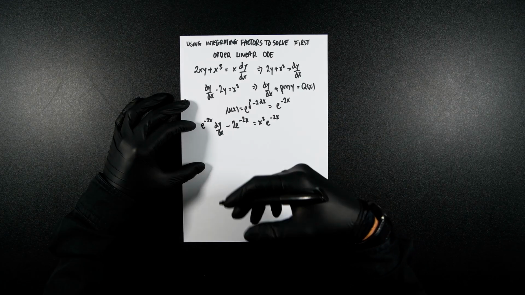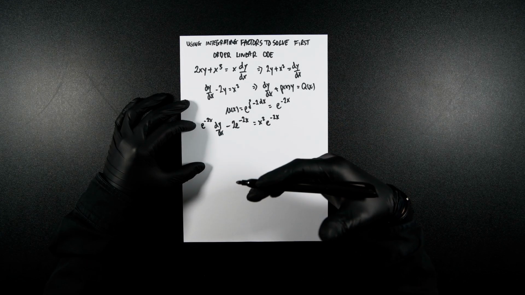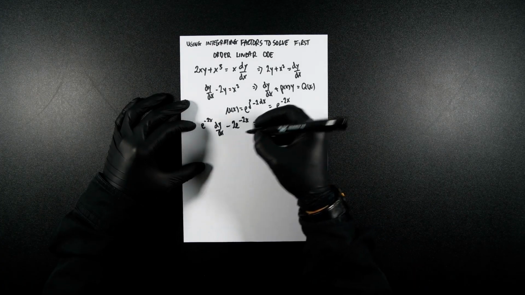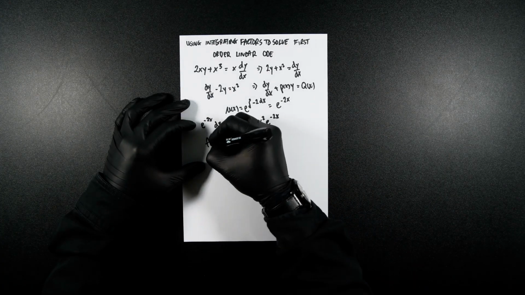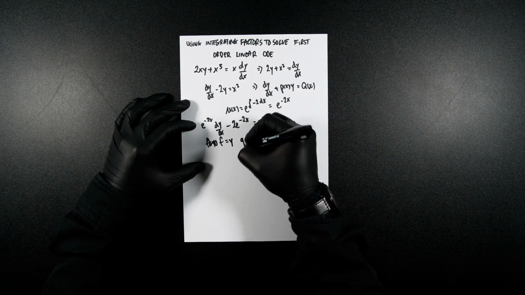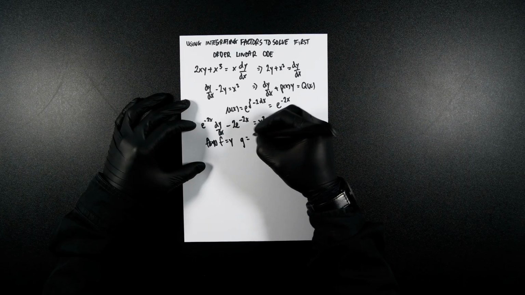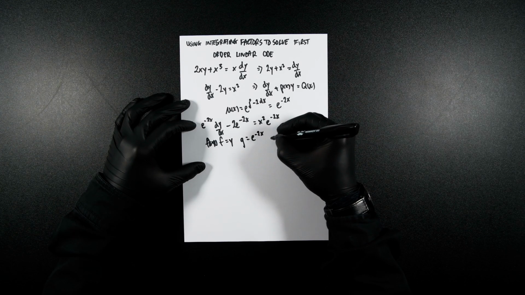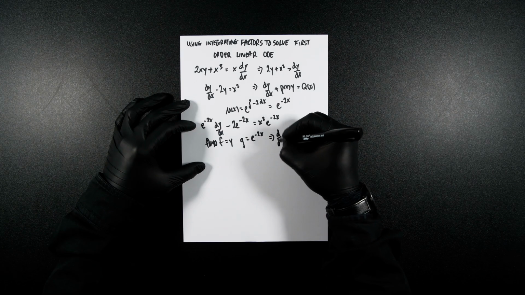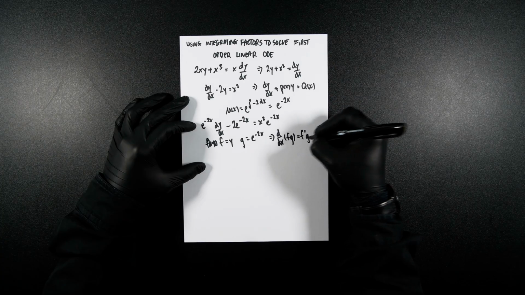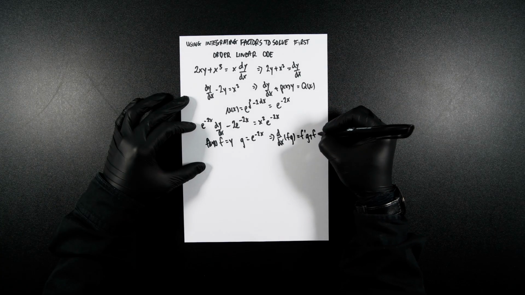Now for the left-hand side, this is something that's going to take some intuition. You're looking to see that it looks like the product rule written out. For example, you'll have f equals y and g equals e to the minus 2x. So therefore, d/dx of fg, this is pretty school level.